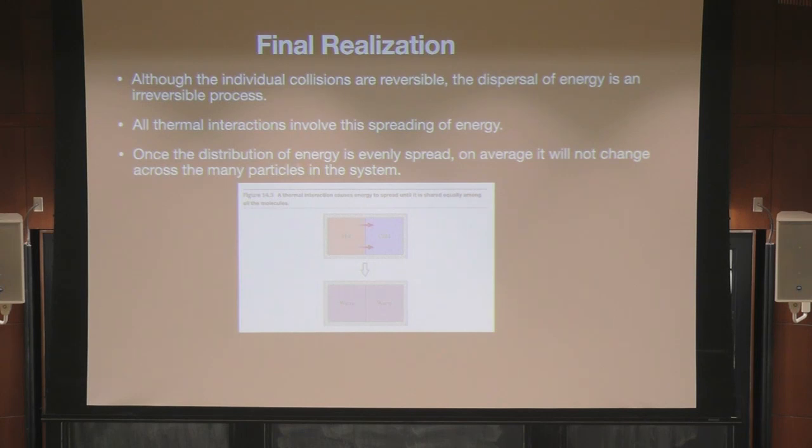And once the distribution of energy is evenly spread, on average, it will not change across the many particles of the system. So what that means is that nothing crazy is going to happen where we have a bunch of cold air, but one of the molecules reaches a temperature where it can do something crazy like vaporize. We don't see spontaneous crazy things happening in a system where the energy is uniformly spread out.